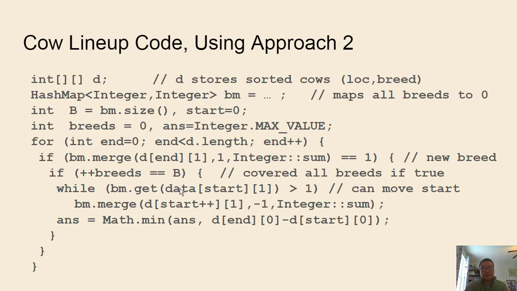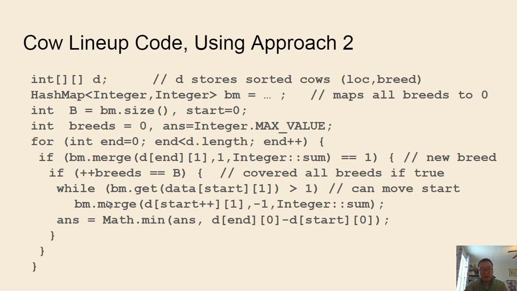So in this case, I will keep trying to move the left pointer. I do that by looking at the leftmost cow, and seeing how many of that breed I have in the window. If the number is greater than 1, then I can move. When that happens, I will move the left pointer, increment the start, and subtract 1 from the number of cows corresponding to that breed.